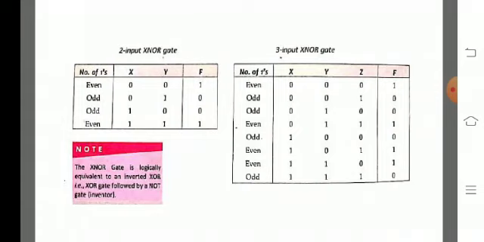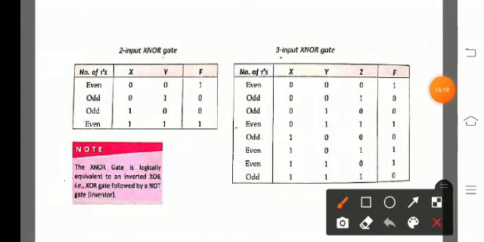So except for the odd number of ones, everything remaining is an even combination. Here there is no odd number of 1, it is 0 0 0 only, so we can take it as an even combination, so it is 1.